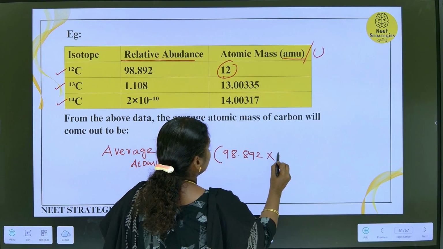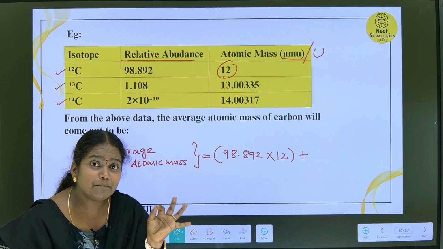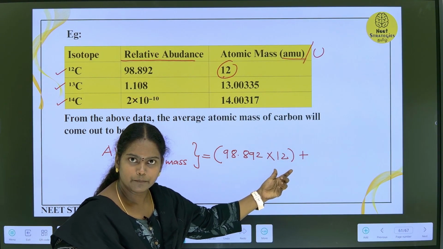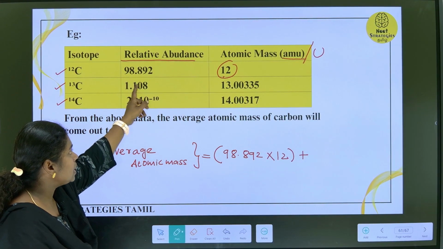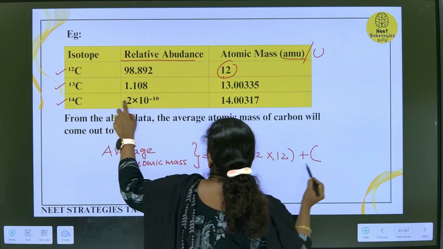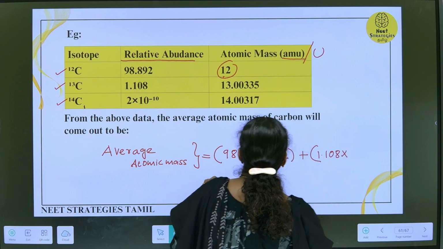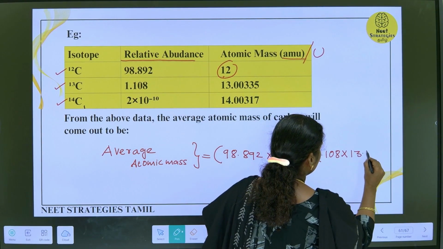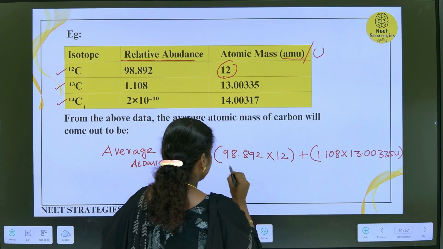Okay, right. So at the 12 unit place, what formula did we see? Sum of the relative abundance into isotopic mass. I have 3 isotopes, so for the 3 isotopes put the relative abundance with the isotope value. Okay, second one, carbon 13, how much abundance is there, it is 1.108 into how much atomic mass unit, 13.00335 u.